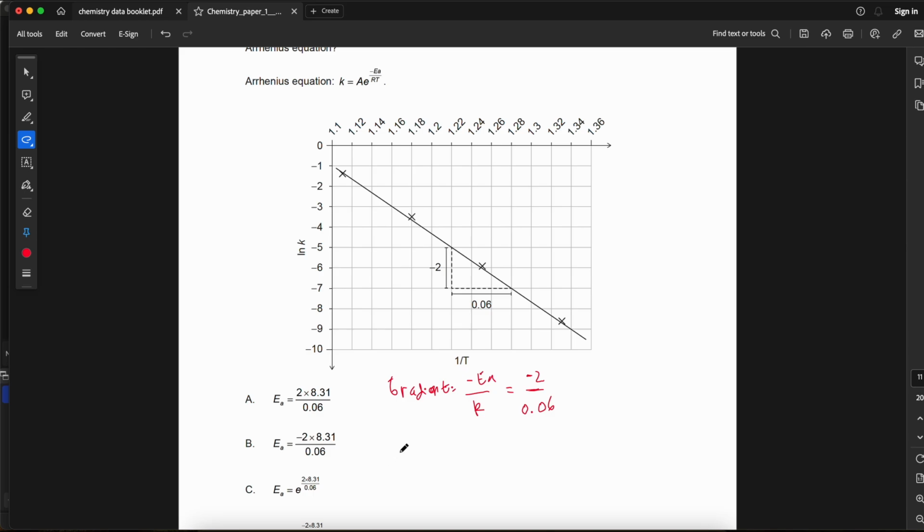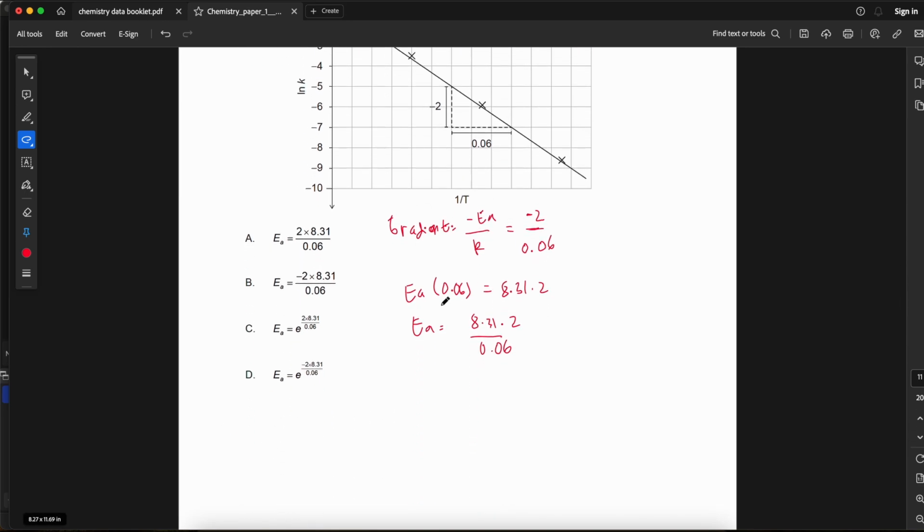So EA times 0.06, if you rewrite again, 8.31 times 2. So EA will be 8.31 times 2 divided by 0.06. So the answer will be A.